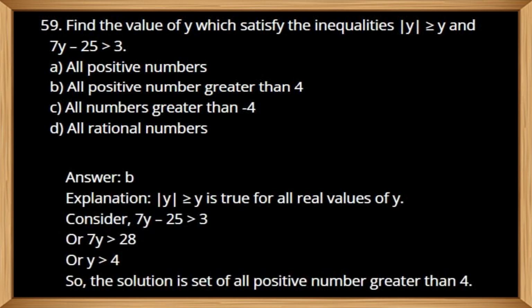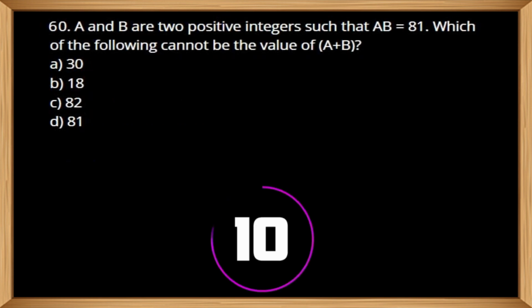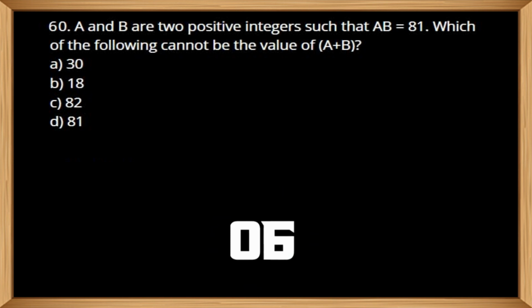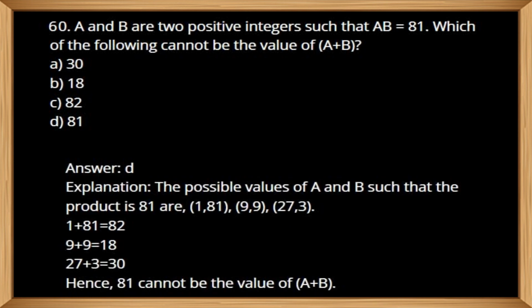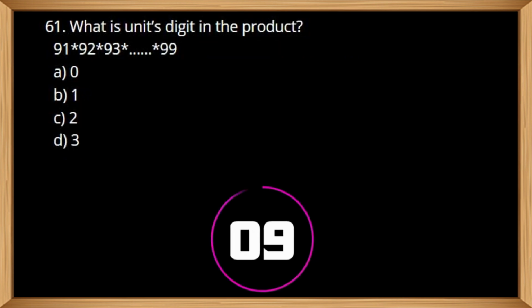Option B all positive number greater than 4. A and B are two positive integers such that AB is equal to 81. Which of the following cannot be the value of A plus B? Option D 81.